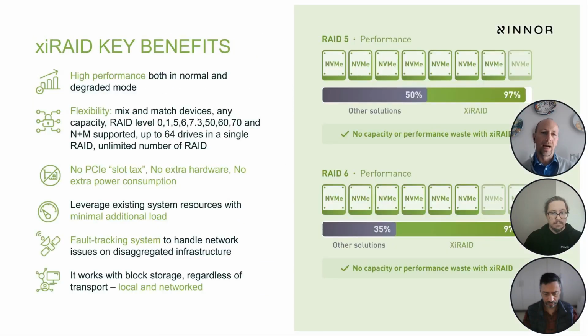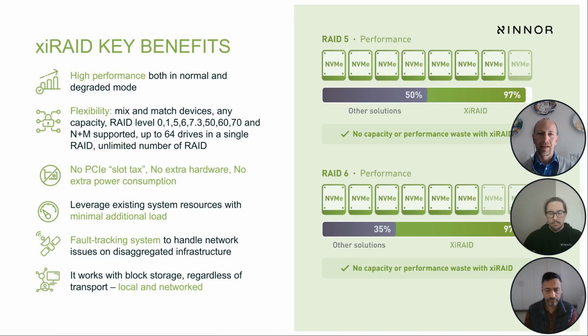So those are our secret sauce. And with those, we are able to deliver the best performance in the market, as we demonstrated just recently at the supercomputing event in Denver. So we claim that by implementing RAID 5 and RAID 6, we can deliver up to 97% of the raw NVMe performance.